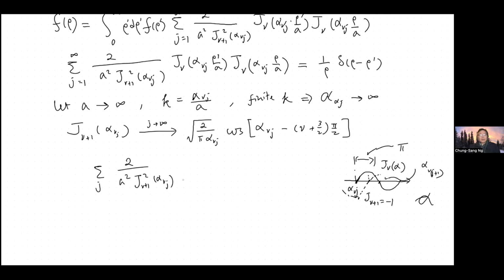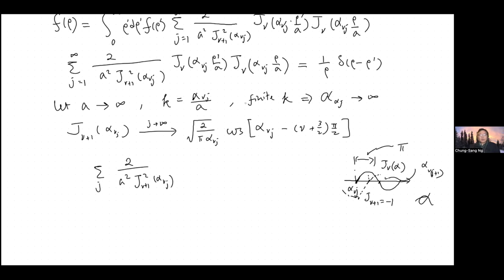The change of alpha nu j is pi. Because j increases by 1 each time, alpha increases by pi, right?